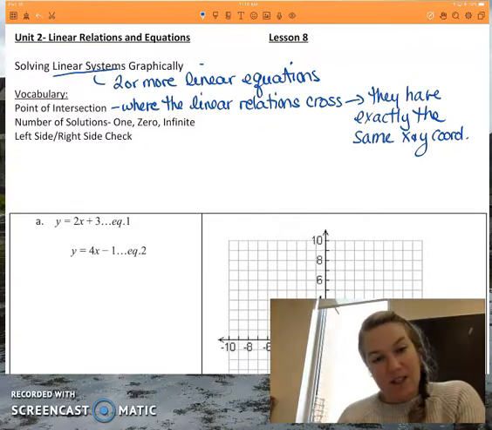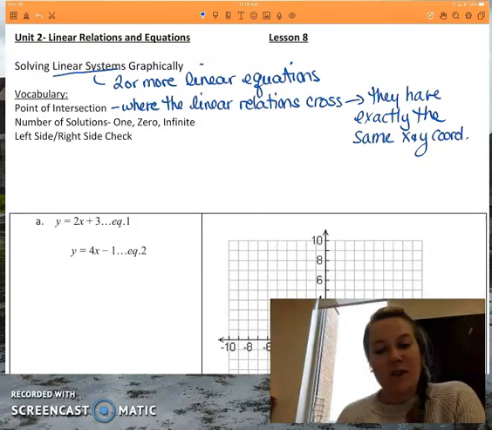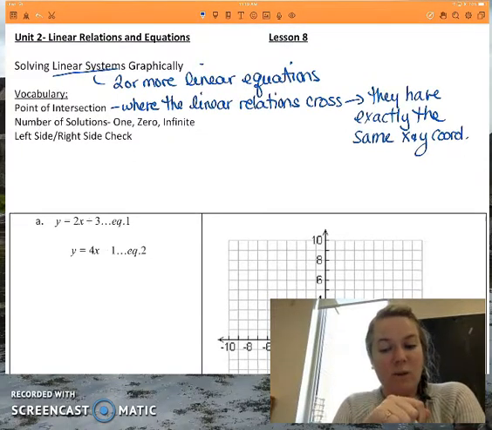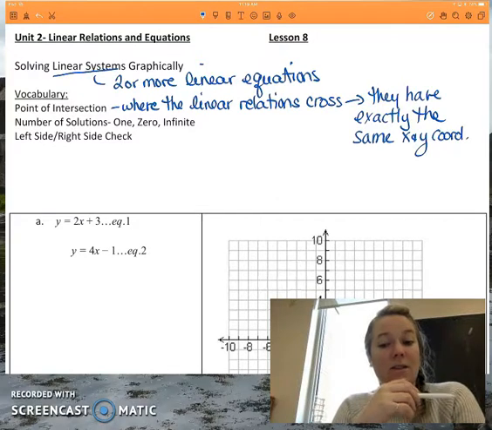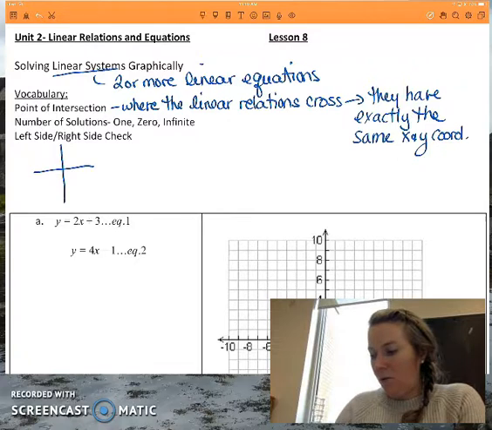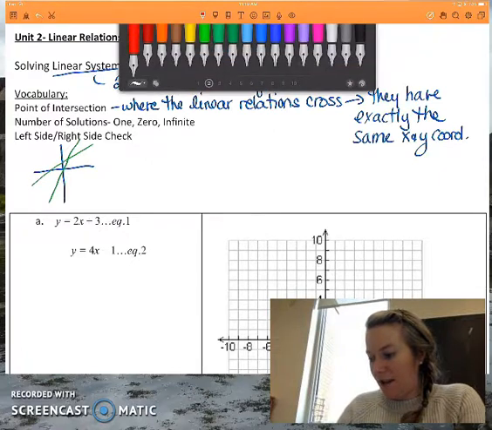Number of solutions is a really interesting idea. How many different solutions could we have? So we could have one solution, which is where the lines cross once. Okay, where they cross like that.